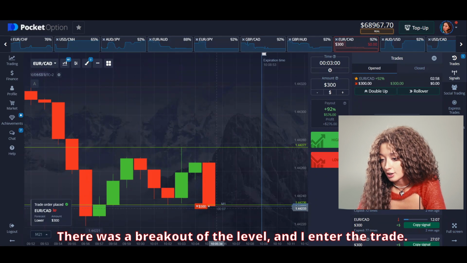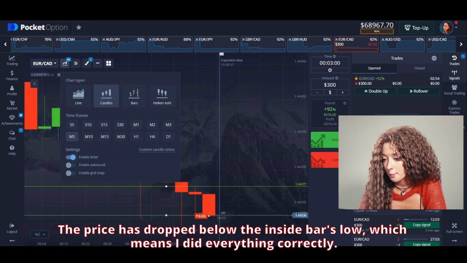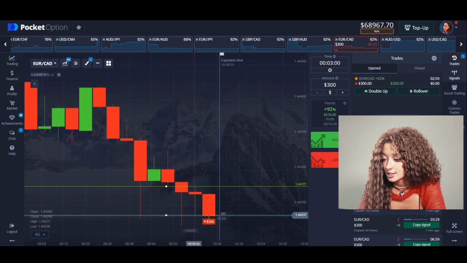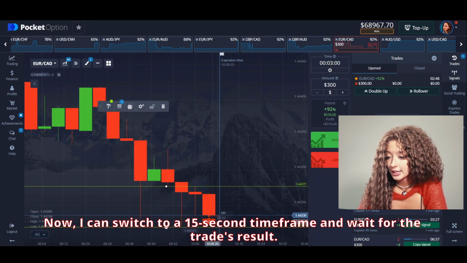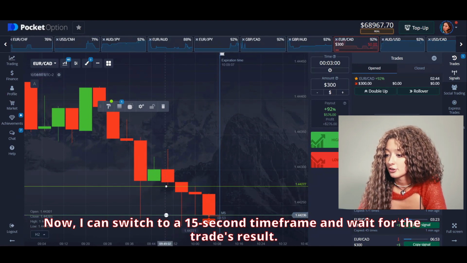There was a breakout of the level and I entered the trade. The price has dropped below the inside bar's low, which means I did everything correctly. Now I can switch to a 15-second time frame and wait for the trade's result.